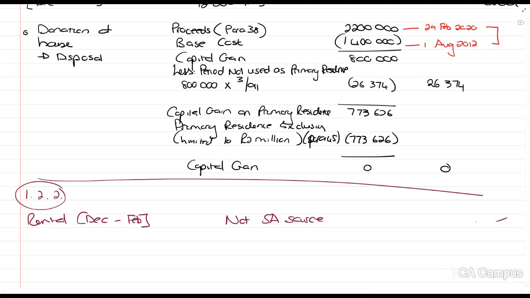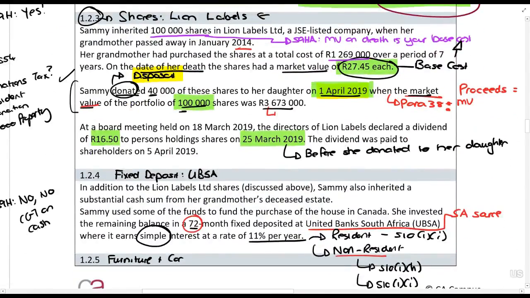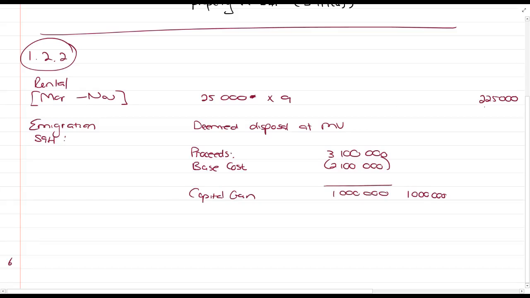So there we go. Then we have question number 1.2.3. So let's see what happens in 1.2.3. When she is a resident, what happens? The first thing is she receives this dividend. Let's just get that out of the way.